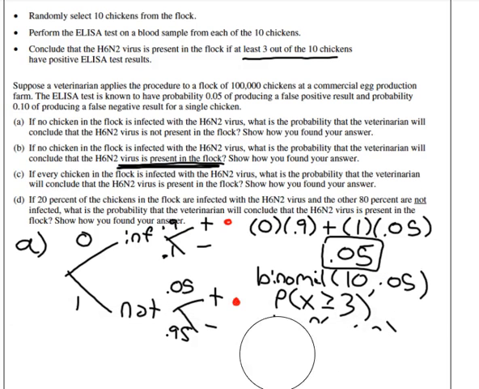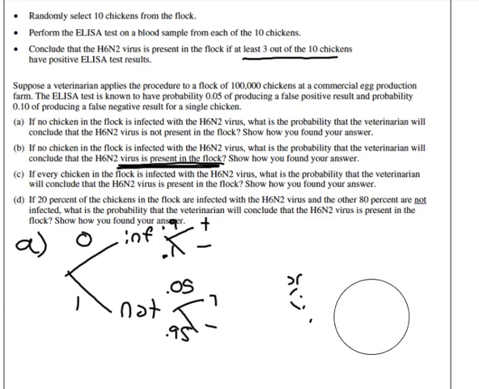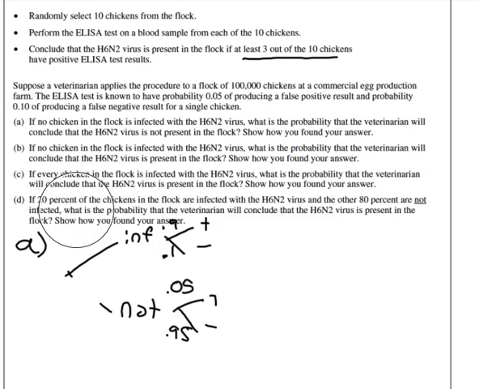So the next one says, part C, if every chicken is infected, what's the probability that he'll conclude that the virus is not present? All right, so this time these are going to be opposite. Every single one of them is infected, right? And none of them are clean.